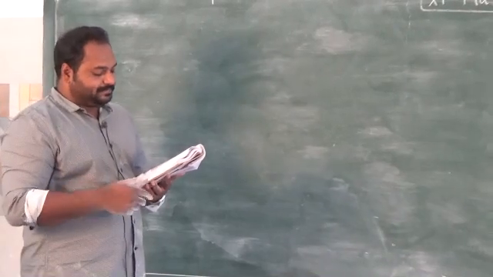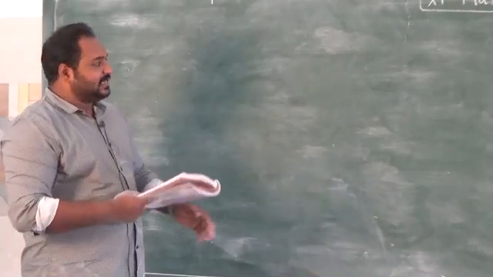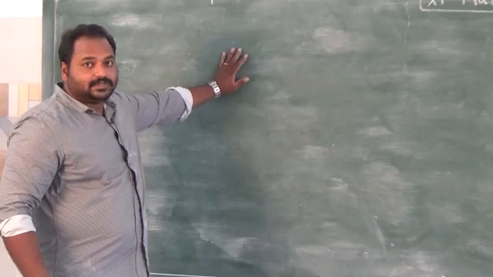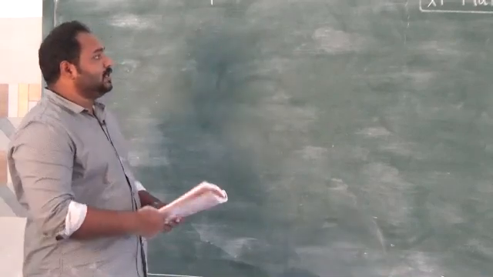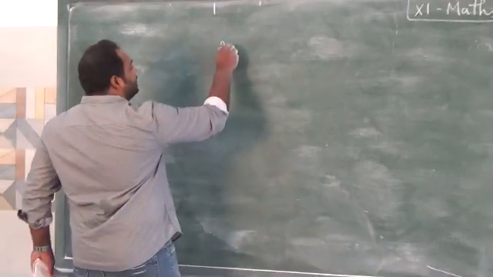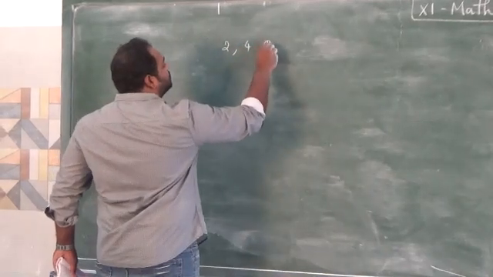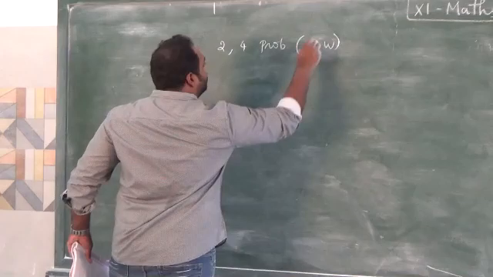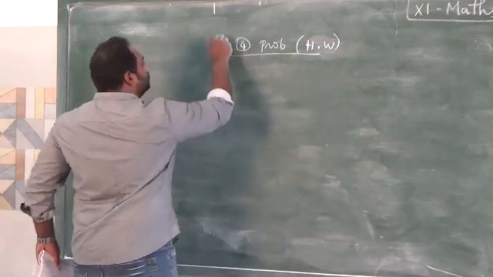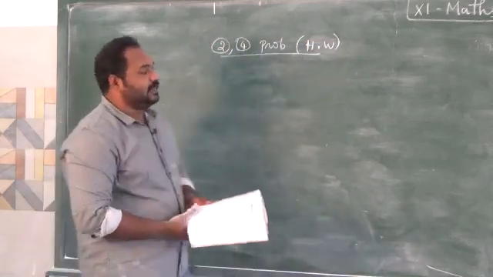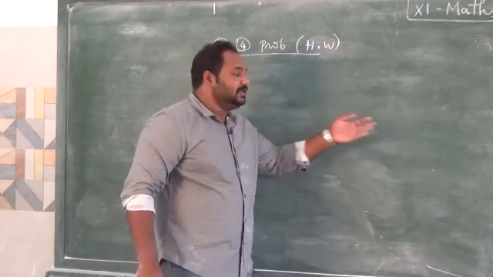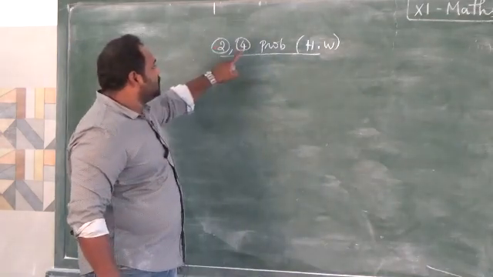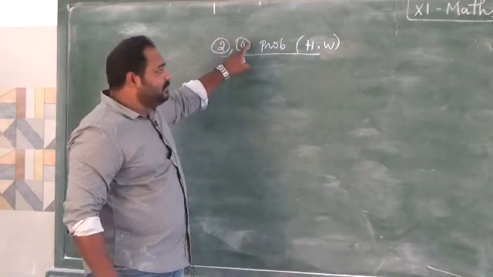This is also the same as the previous problem. You can do the second and fourth problems as homework. I have already done two problems with the same method. You can use the method and solve the second and fourth problems.